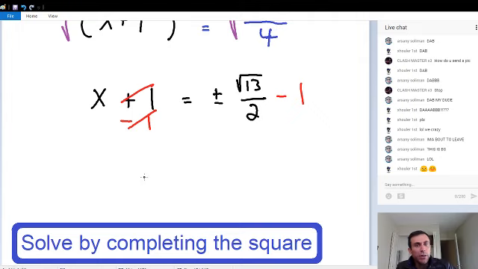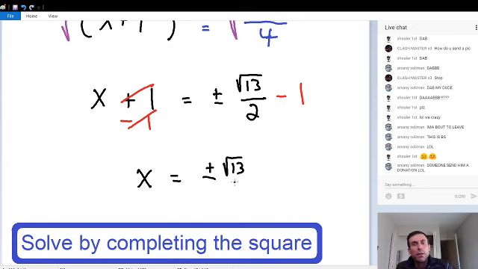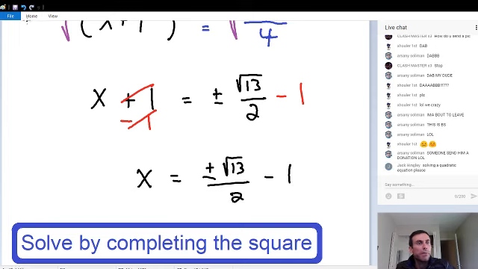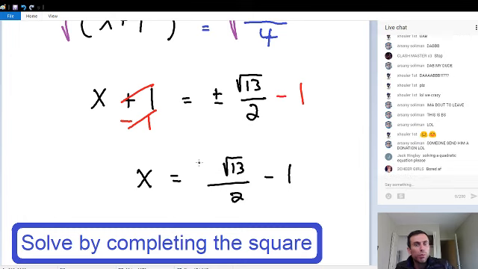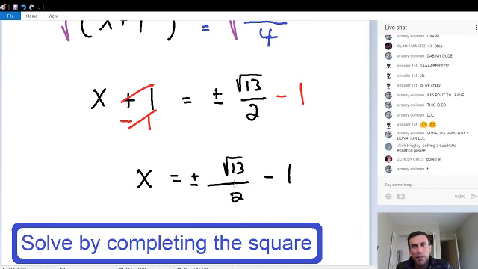On the left-hand side, the only thing we have left is x. And on the right-hand side, we have plus or minus the square root of 13 over 2 minus 1. And that is the solution to our problem. x is equal to plus or minus the square root of 13 over 2 minus 1.